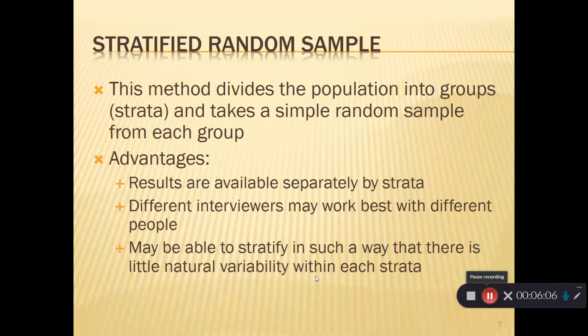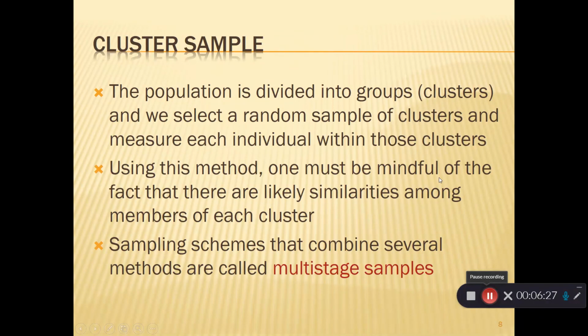Because people who are only 20 pounds overweight are probably going to lose significantly less weight than people who are more than 50 pounds overweight, just by the fact of the amount of weight that needs to be lost. So I could reduce the variability within each strata by grouping them, and that would better allow me to see how the drug actually works for different individuals of different weights.